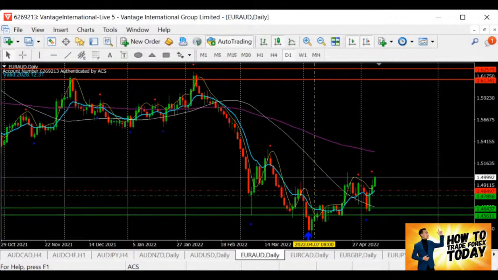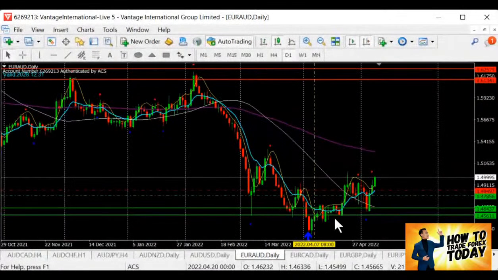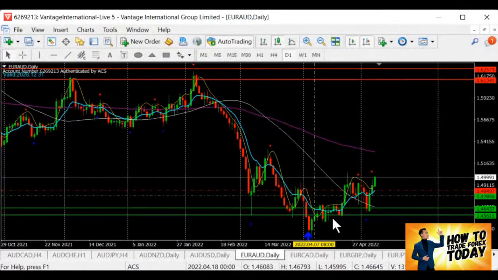As for Euro Aussie today, it hits onto the bull zone. It seems like it's ending the bear run. You see, 1, 2, retest again, correct?